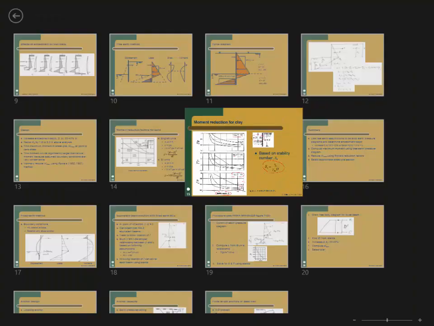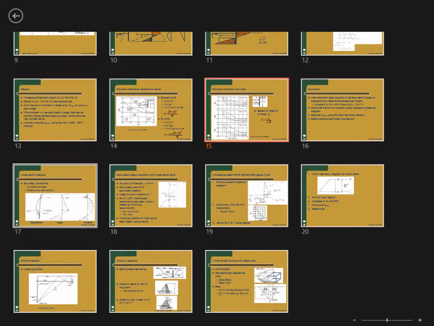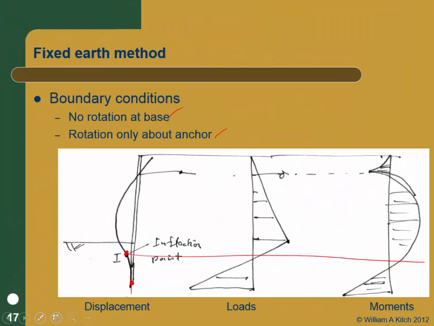In the fixed earth method, we're going to assume that we have the pile deep enough that at the base of the pile, there's no rotation and there's no displacement. And then we're going to use a theoretical solution for a simplified case to tell us where the inflection point is. Now we've got an additional equation because we know that the moments are equal to 0 there.